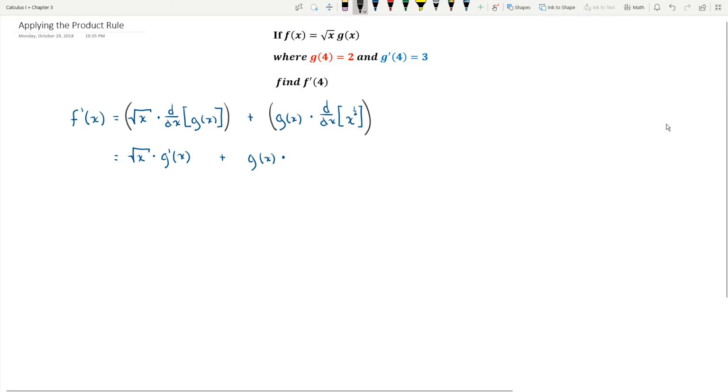So we have the derivative of x to the 1/2. So we are going to multiply x to the 1/2 by the power. In other words, we're going to bring 1/2 to the front multiplied by x to the 1/2 minus 1. That should be negative 1/2, and we find that by taking 1/2 minus 1.